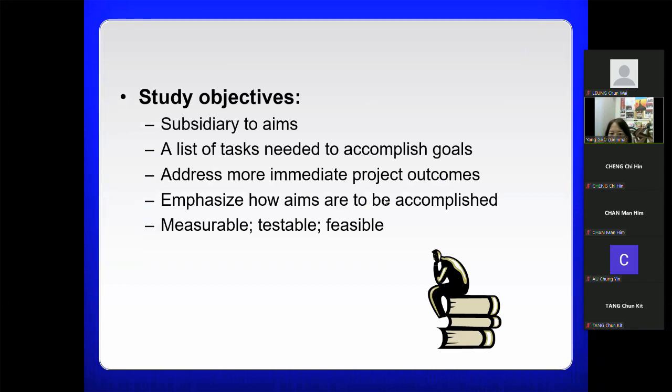They are a group of tasks you want to complete, and by completing those tasks you achieve your study goals. Usually the study objectives are measurable, testable, feasible, and achievable. This is the SMART criteria of the study objectives.